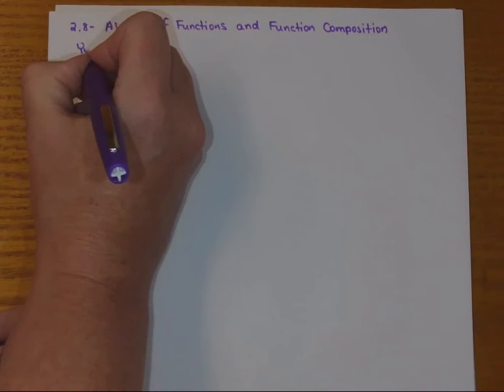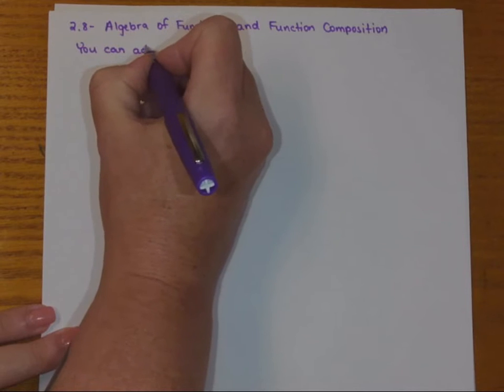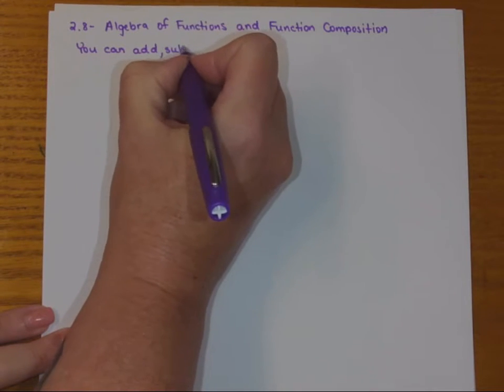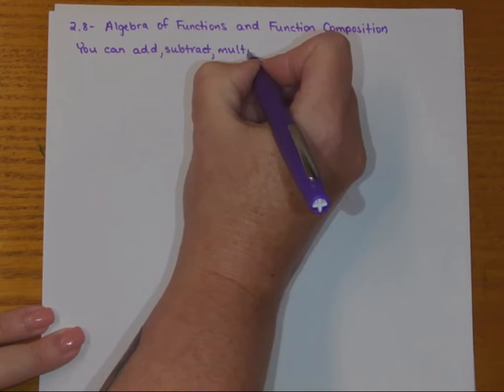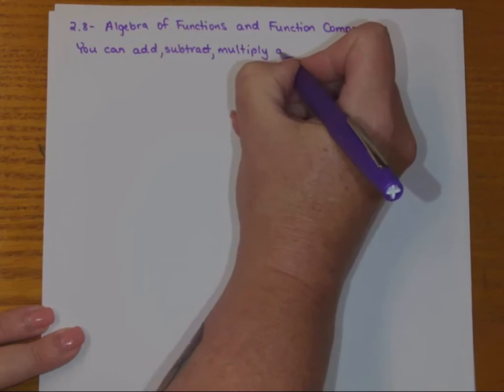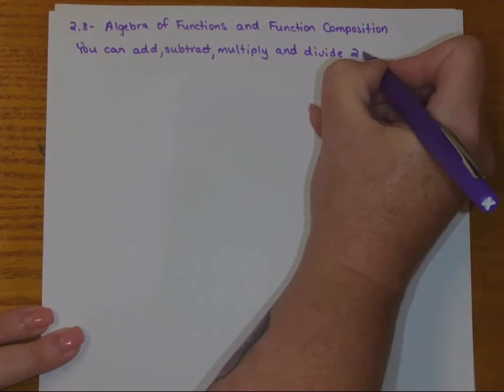All right, so it turns out that you can perform any of the four basic operations on functions. So you can add, subtract, multiply, and also divide two or more functions.